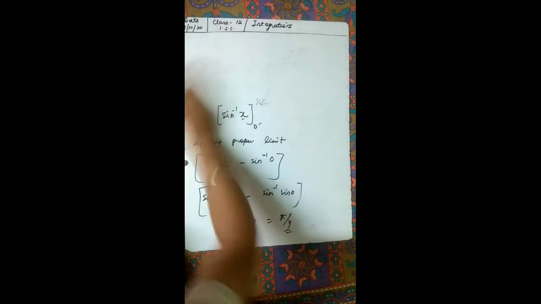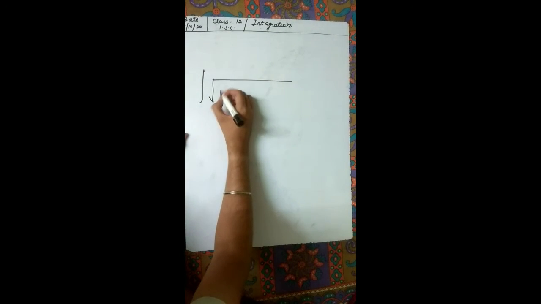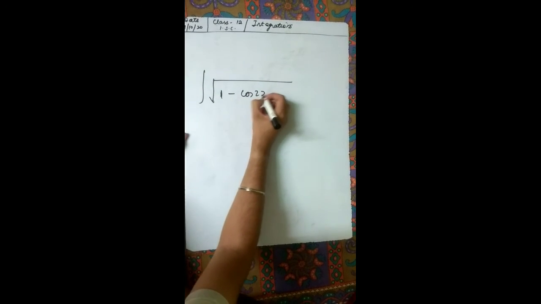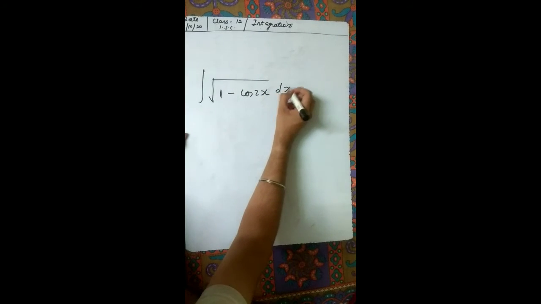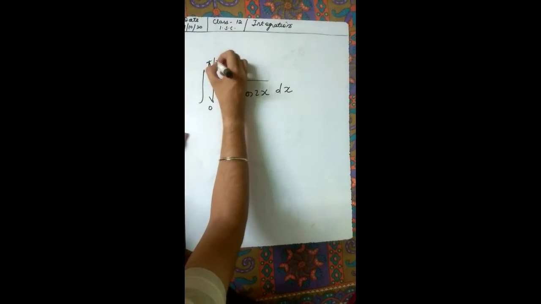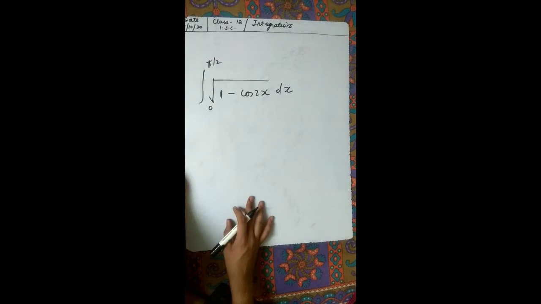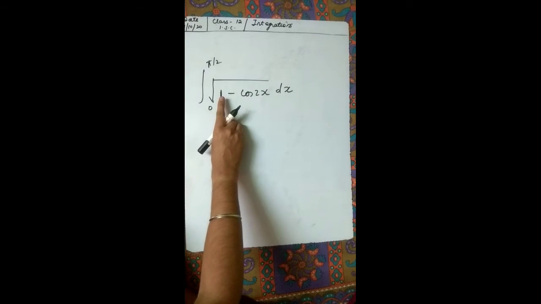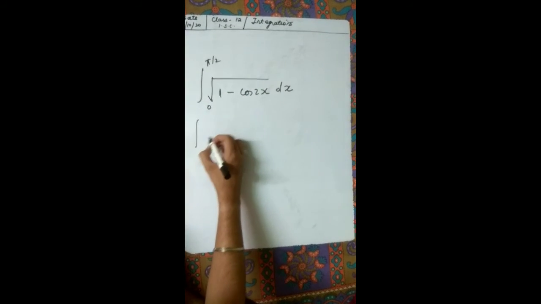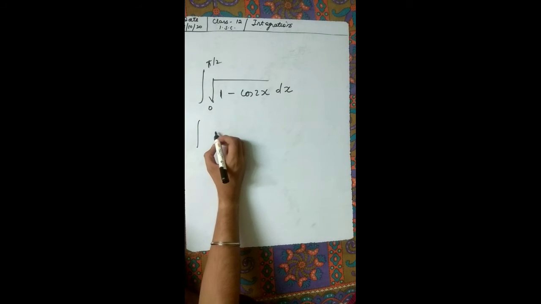So for example, if you have integration of under root 1 minus cos 2x dx from 0 to pi by 2, how to integrate this? 1 minus cos 2x is what? 2 sine square x.